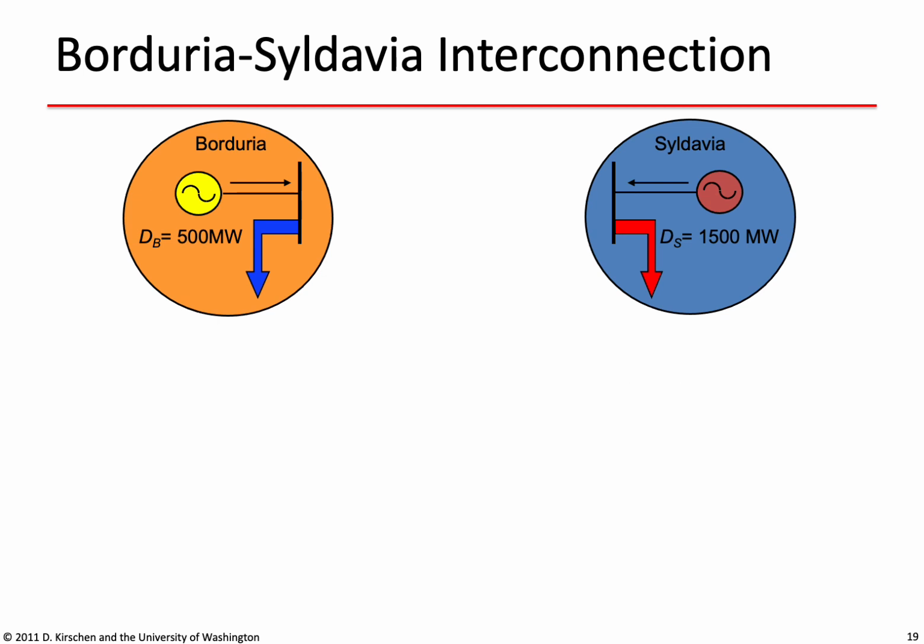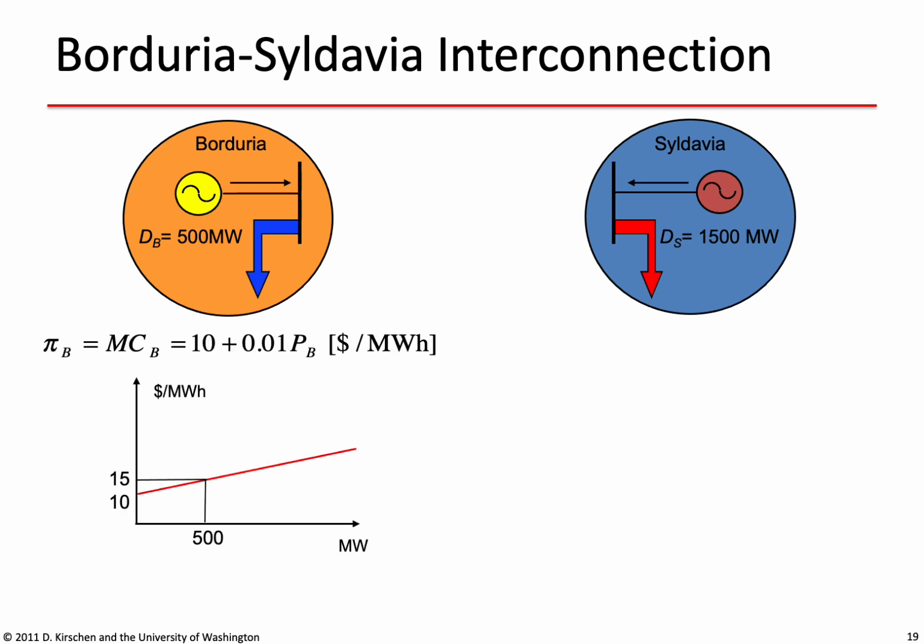Let's look at the price of electricity in each country when there is no interconnection between the two countries. Let's suppose that some studies have been done and I have checked that the marginal cost of production of electrical energy in Borduria, MCB, is equal to 10 plus 0.01 times the production in Borduria.